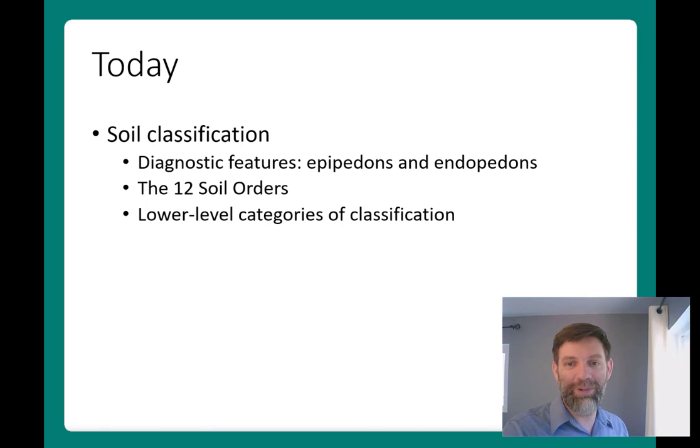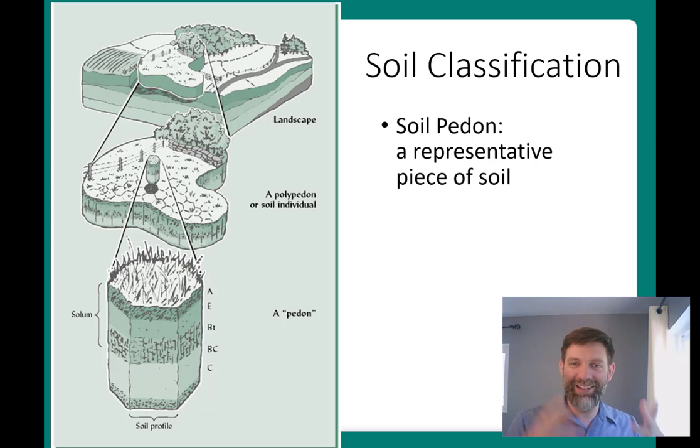To get into the group, we need to describe the soil first, understand its properties, and then use that to categorize. And for the purposes of classification, we do that at what is called the pedon level. A pedon is a representative piece of soil, is my simplified definition here. It's just a chunk of soil that's big enough to show you the main properties of the soil in an area.